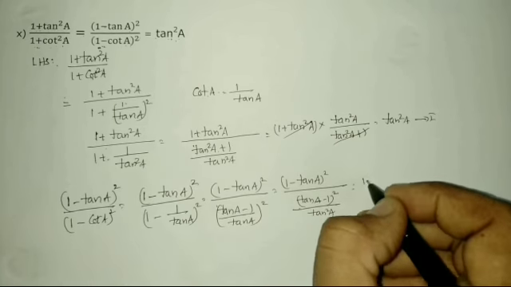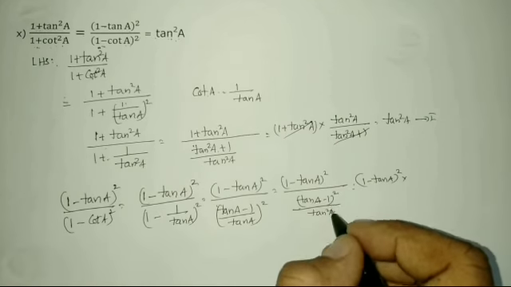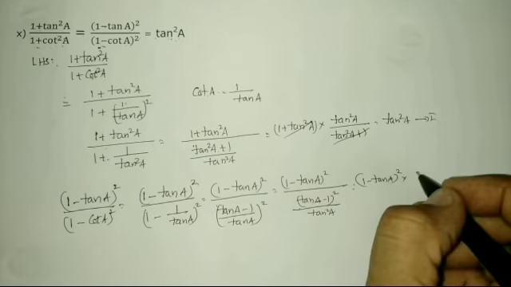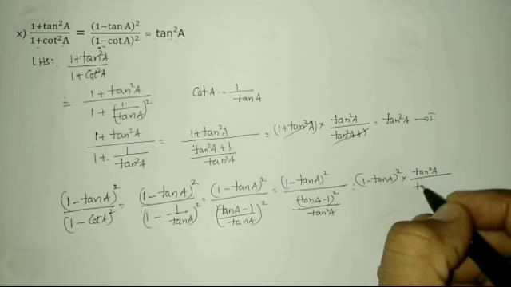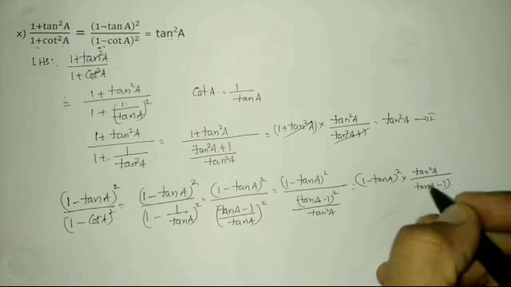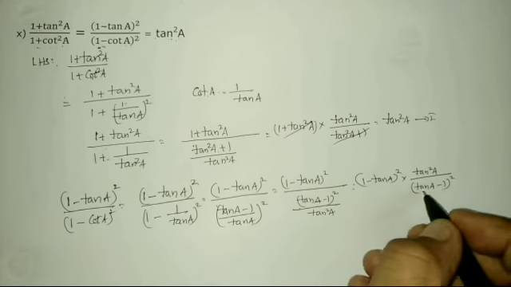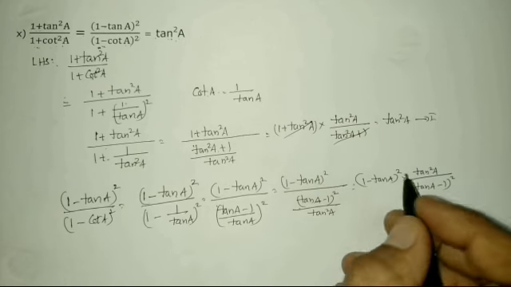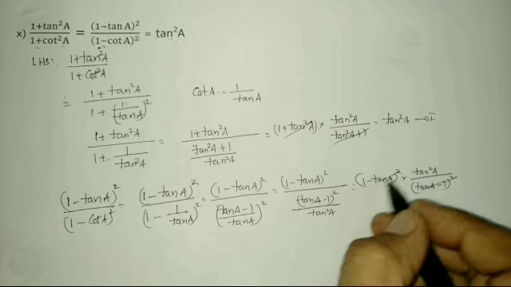And the same can be written as 1 minus tan A whole square into, write the reciprocal of this, tan square A by tan A minus 1 whole square. So 1 minus tan A whole square and tan A minus 1 whole square are one and the same, because A minus B whole square and B minus A whole square are same. So these two get cancelled.